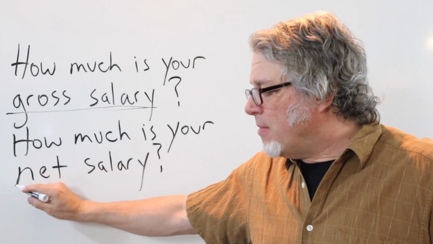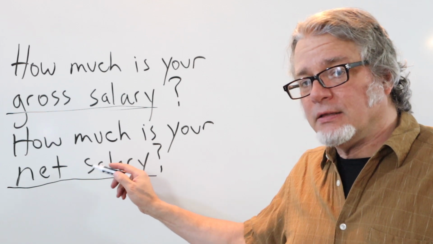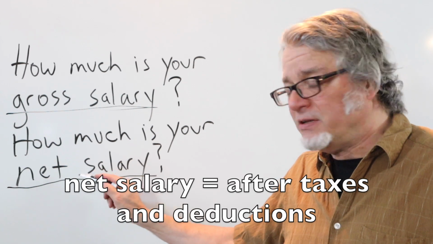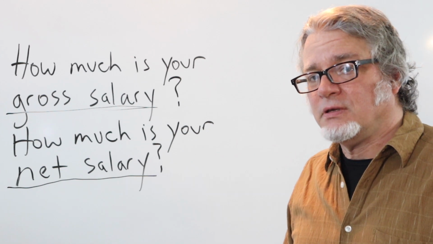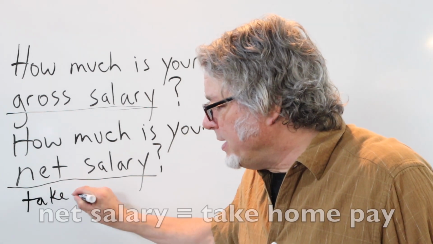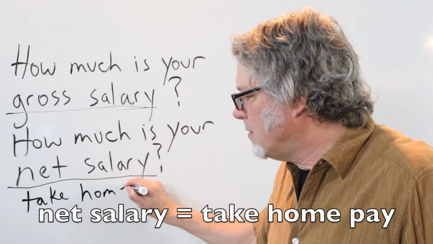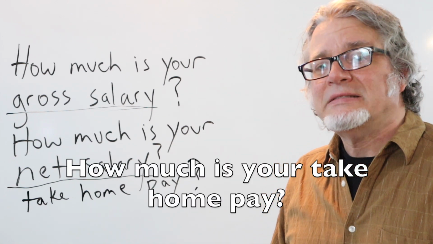This is the money that you actually see in your paycheck. This is the money that you are given after taxes and deductions. Sometimes this is called take-home pay. How much is your take-home pay?